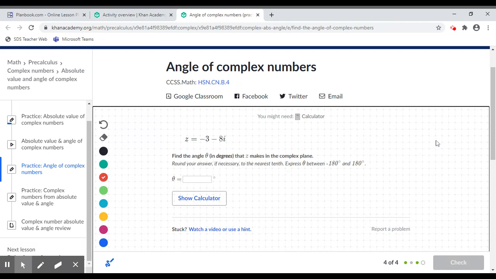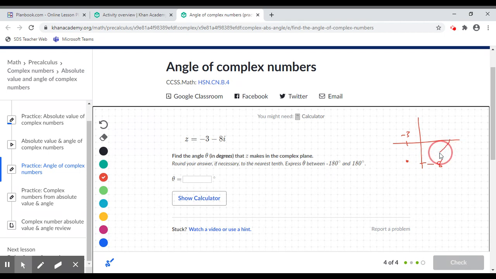All right, so here we go. Negative 3 and negative 8 should be down here somewhere. This time they want us to express it in between negative 180 and 180.